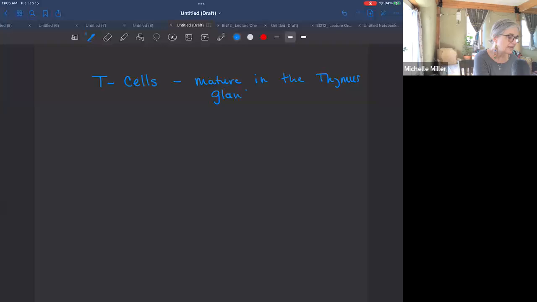The thymus gland is up in your neck, but it's not to be confused with the thyroid. The thyroid is a gland that regulates your metabolic rate, but the thymus gland is also up in the neck region. So when we look at these T cells, they are involved in what is called cell-mediated immunity.